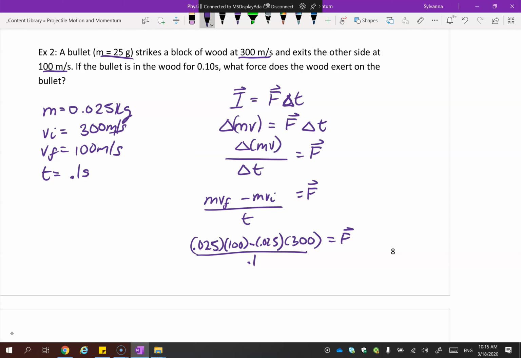So we're going to go ahead and do that calculation using our calculator. Force is going to be 50 newtons, and it's going in the negative direction. Or you can say it's going to be 50 newtons opposing the direction of the bullet.